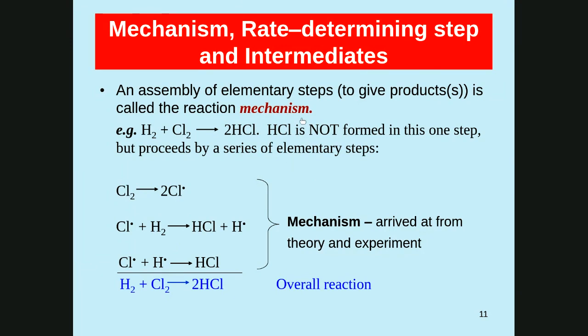So for example, if we consider the following gas phase reaction between hydrogen and chlorine, forming hydrogen chloride, this is not an elementary, this is not a one-step reaction, not a one-shot process, even though it is only bimolecular. So you might be thinking, well, that must be one of the elementary type, but it isn't. And that has to do with the complexity of the whole energy landscape for these processes.